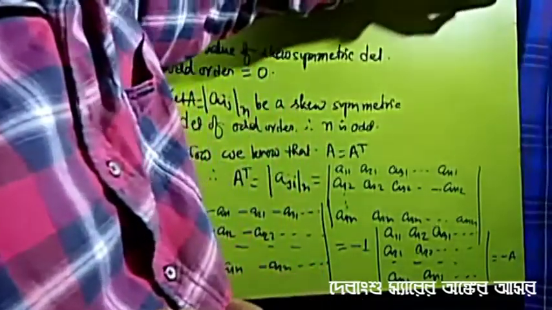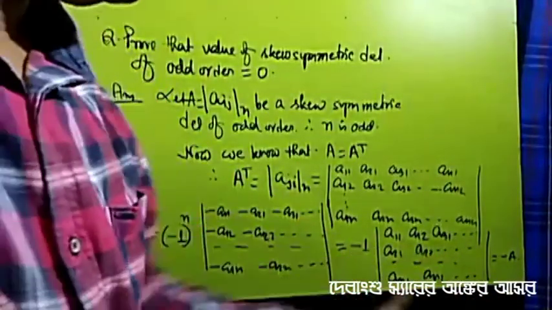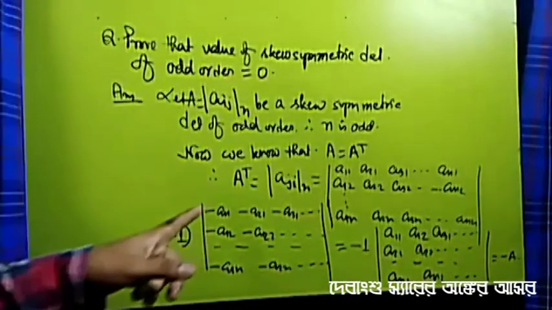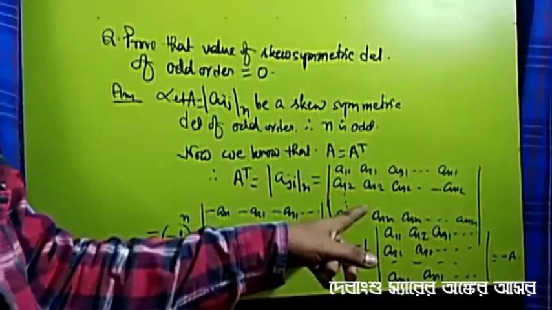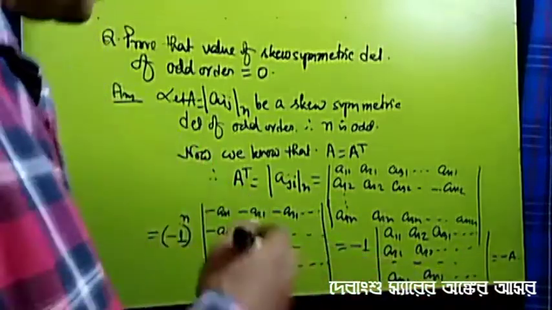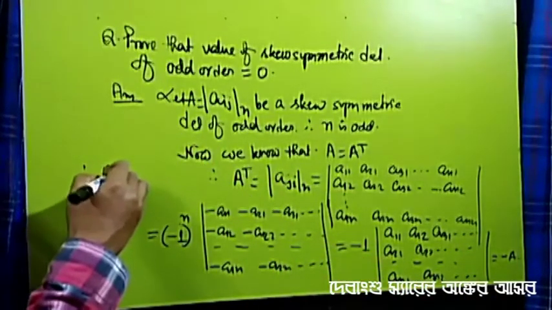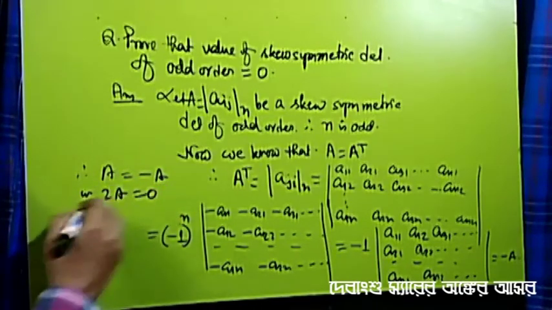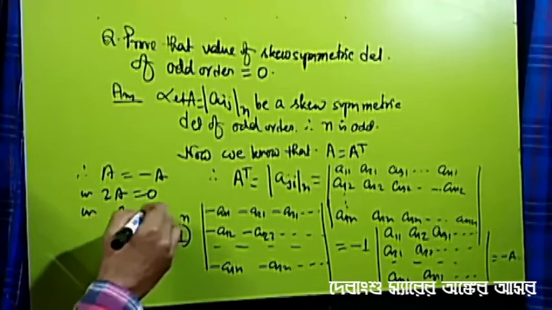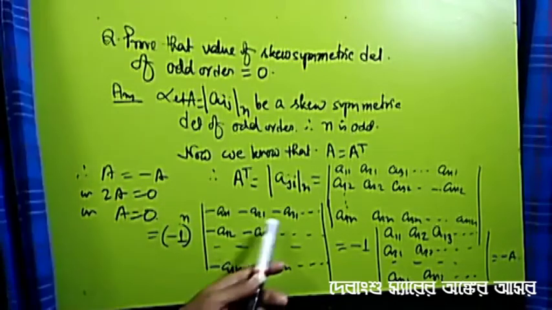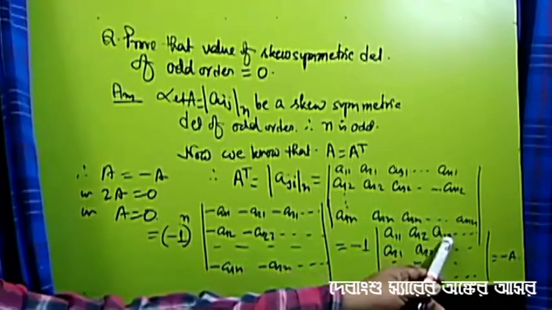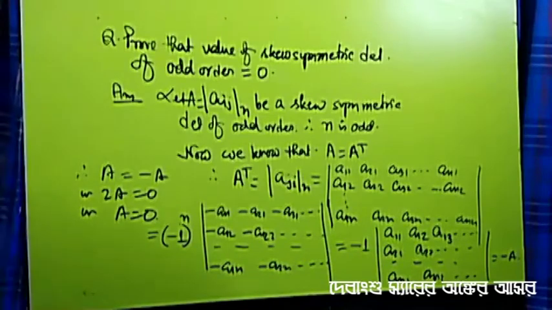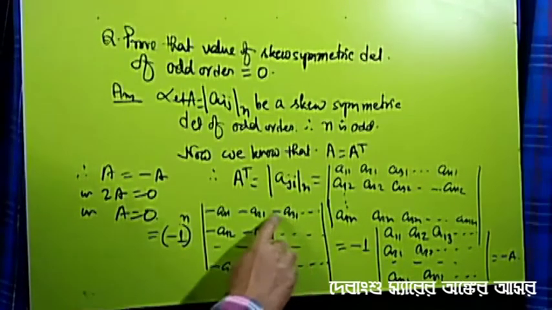Now see, this is nothing but minus A, because this is A, and the adjoint A transpose is equal to this, and A transpose is A. So that gives you, hence A is equal to minus A, or 2A is equal to 0, or A equal to 0. So when these two indices are interchanged, the sign changes.